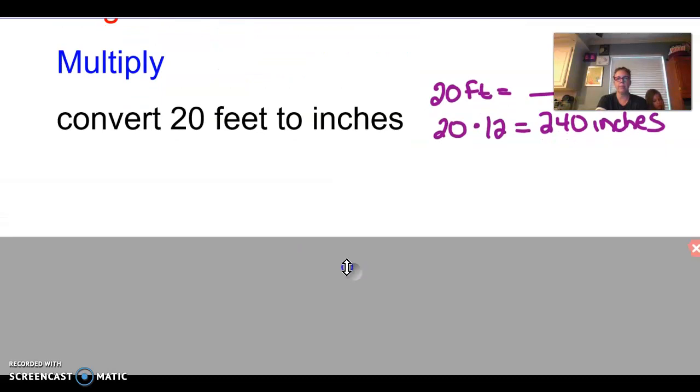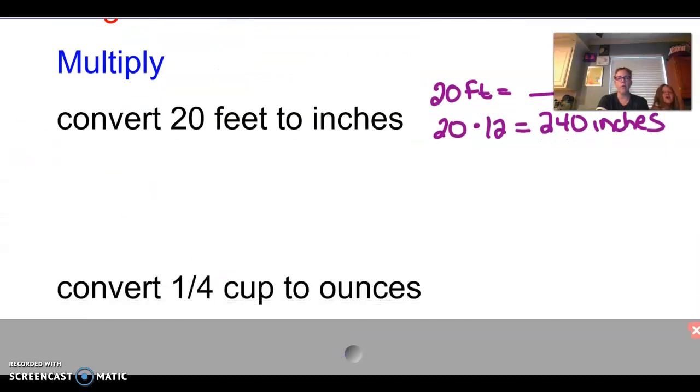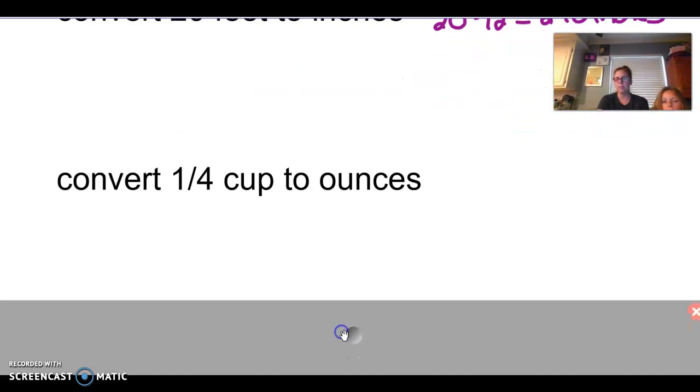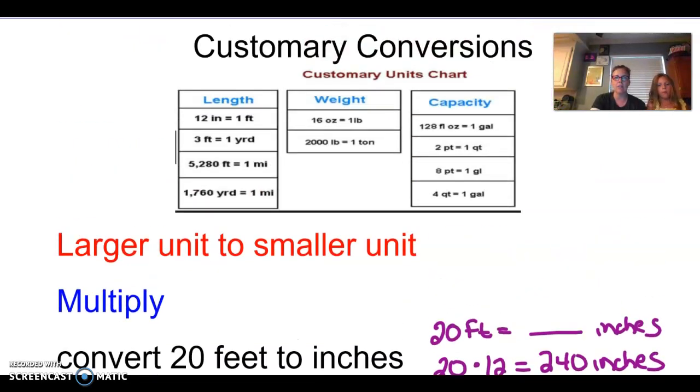Next one: 1/4 of a cup to ounces. Now, don't panic because it's a fraction. We can do fractions. You've been taught how to do fractions. 1/4 times, now we have to figure out how many ounces are in a cup. So we come up here.